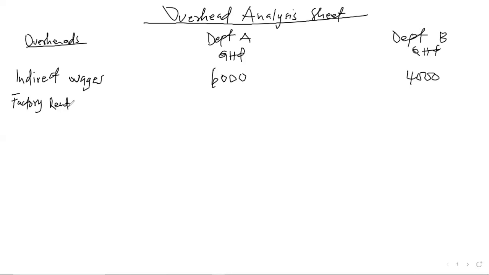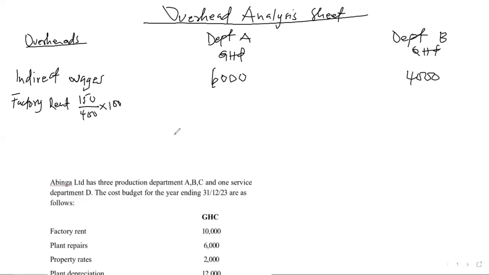So the floor area for department A is what? 150. So 150 divided by 400 times the factory rent. The cost of the factory rent is 10,000. When you cancel this, you have 3,750.